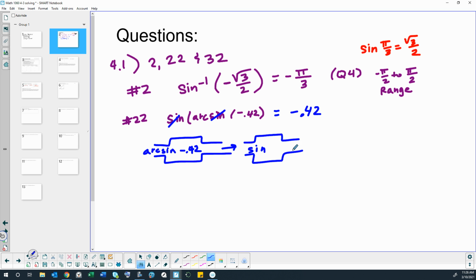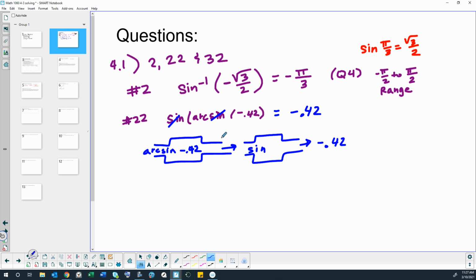Because one is the inverse of the other, we end up back with what we started. That's the premise behind inverses, that one undoes the other. And because it's starting with the inverse in the middle, we don't have to worry about the quadrant. It'll just spit out the exact same answer.